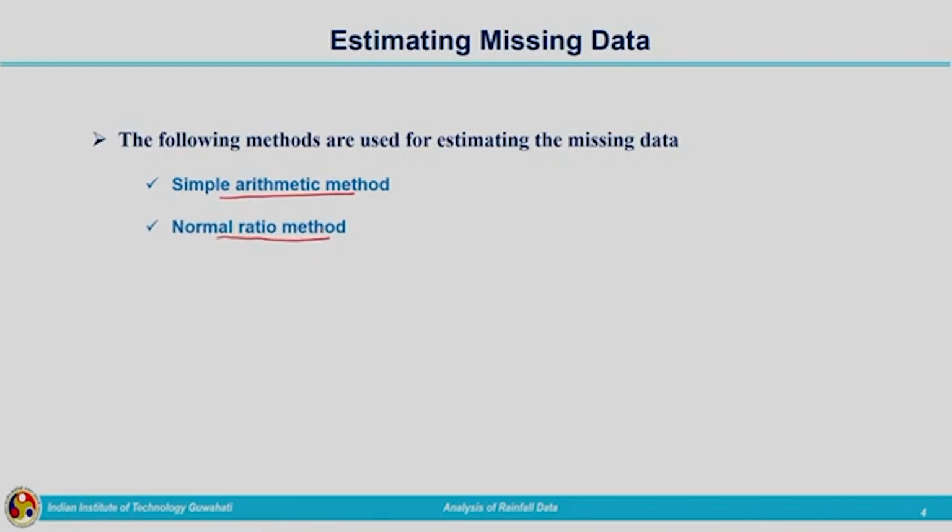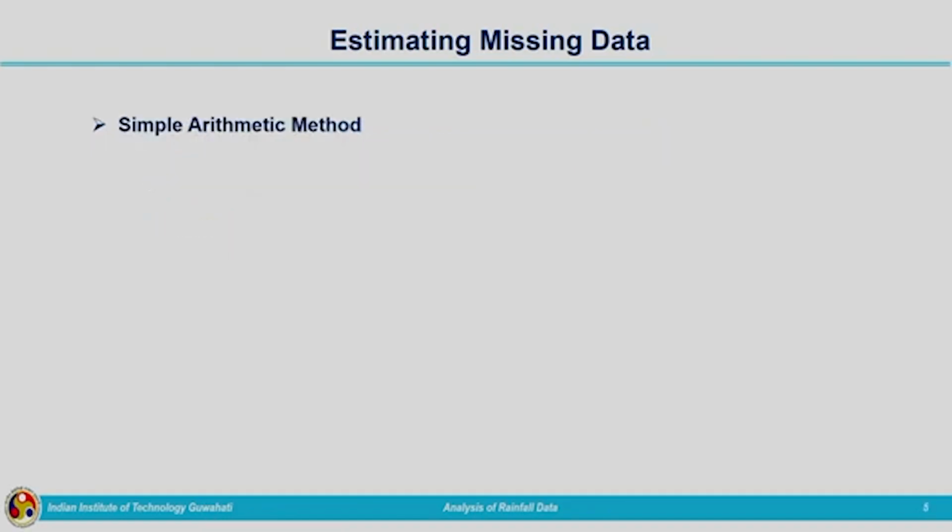Simple arithmetic, from the name itself it is very clear, we are just averaging out the data from the neighboring stations. And the second one is a typical method which is only used for rainfall analysis, the normal ratio method. Let us see the simple arithmetic method first.